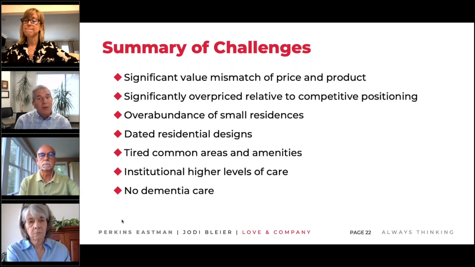They're the highest price with the lowest product score. So significantly overpriced relative to competitive communities. Lots of small residences, and we didn't touch on this before, but some of the reasons for the low scores were really dated residential designs, tired common areas and amenities, higher levels of care that were very institutional, and then dementia.